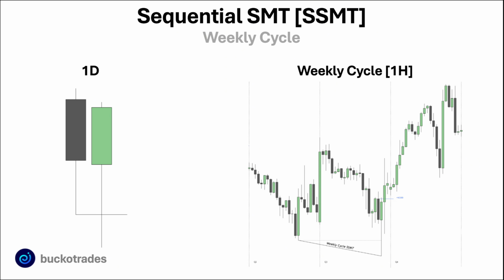Once this SSMT has taken place, we know that we can expect distribution, because SSMT is our manipulation or sign of reversal. But remember what we learned about candle closures, we must see a nice candle closure that aligns with the SSMT. So for bullish SSMT, if we don't get the reversal signature candle closure, which remember is a wick below and a closure back above, it's very hard to trust the bullish SSMT.